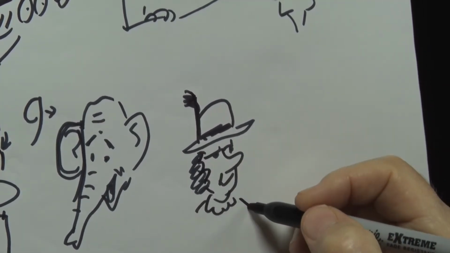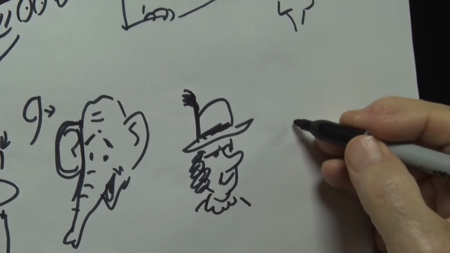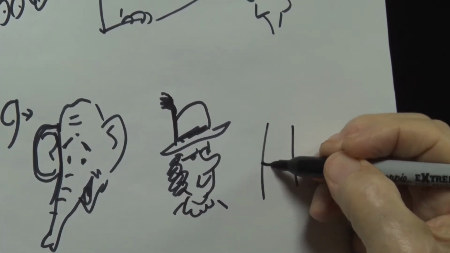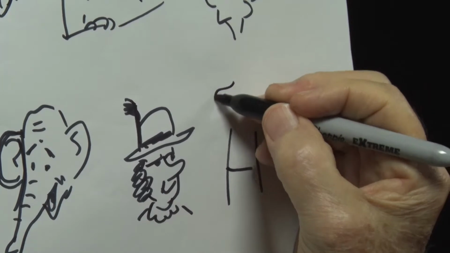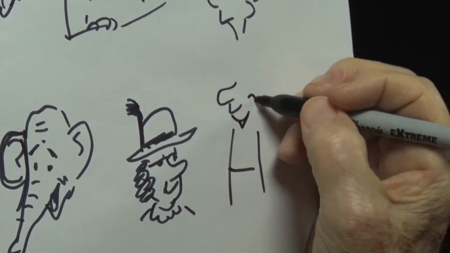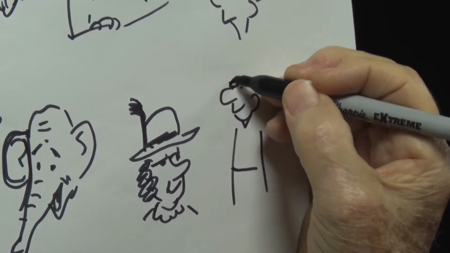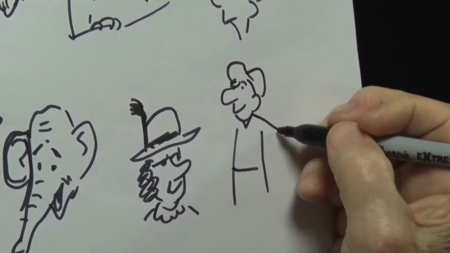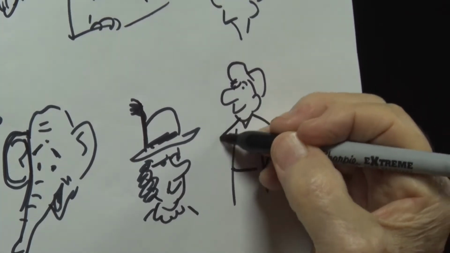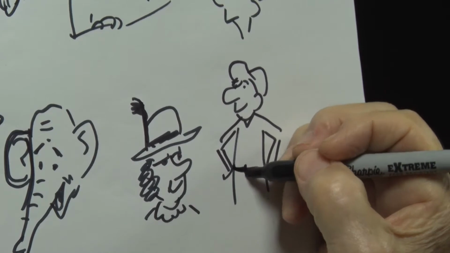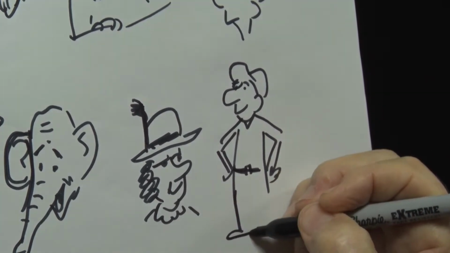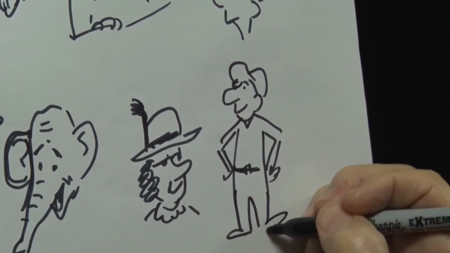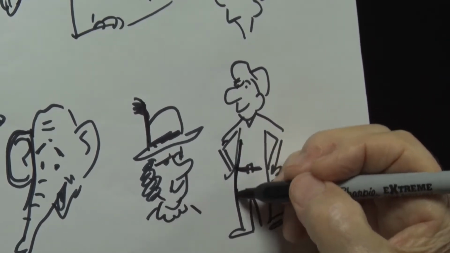Easier to do than that is simply to have an H like this, put this guy up there with his hands on his hips. That's his belt, you see. And there's the rest of him. See where the H is now?